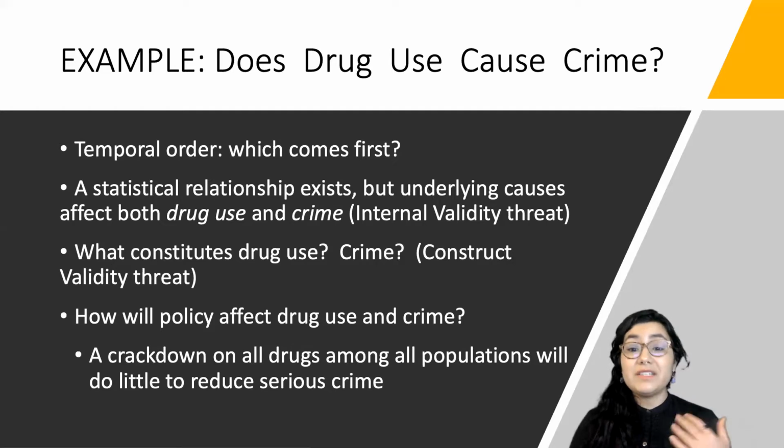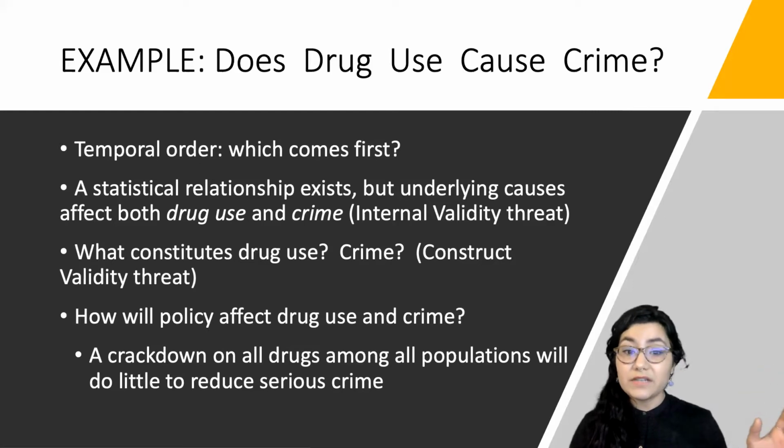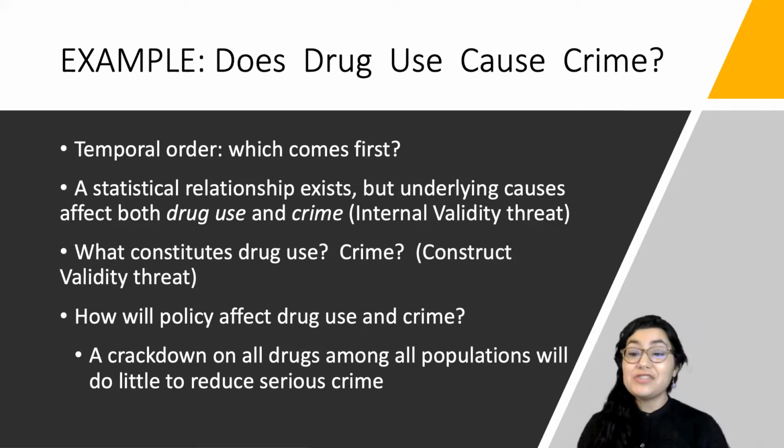There's an internal validity threat when there's some other cause that we're not observing that influences both drug use and crime, like trauma, or let's say poverty. We need to control and account for those variables if we're going to have good internal validity.